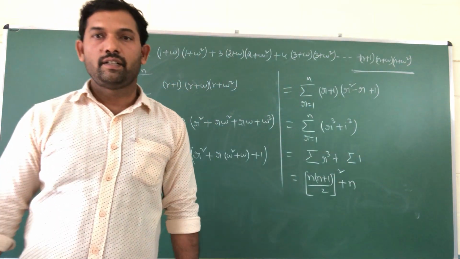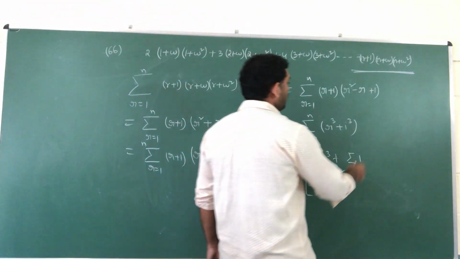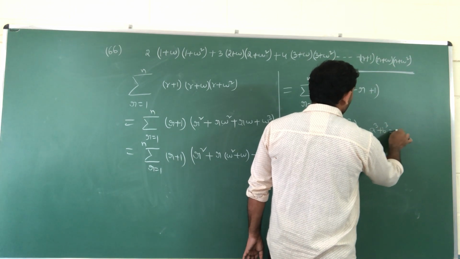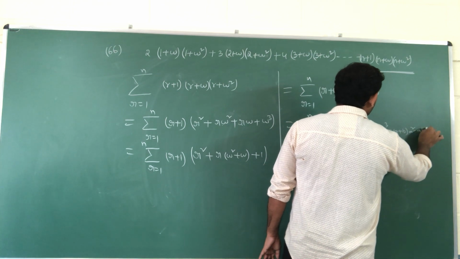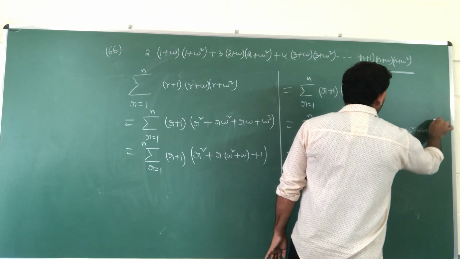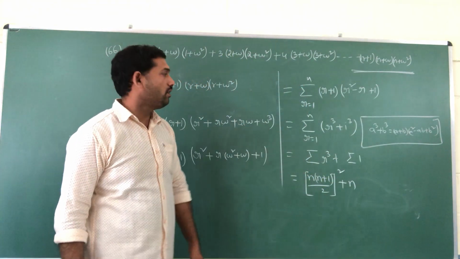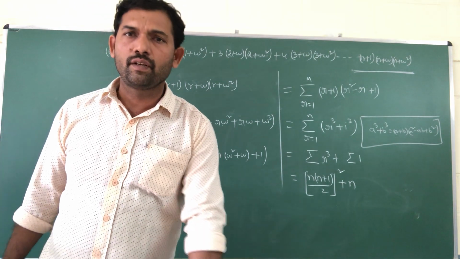Right? That is our solution. Here you write the formula: a cube plus b cube equal to a plus b into a square minus ab plus b square. You wrote down this formula. According to that formula, that value is r cube plus 1 cube. So 1 cube is nothing but 1 only. So note down.